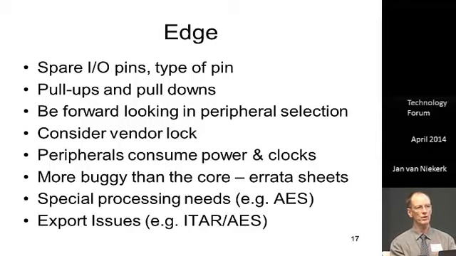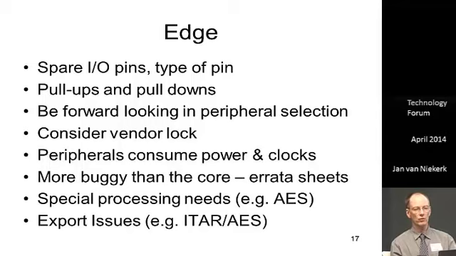Make sure that you have spare pins, because pins don't typically all do the same thing. They have different behaviors. Some of them have pull-ups and pull-downs, and others don't. Some of them have interrupts on them. So you have to carefully go study what you need, and also make sure you have some spare pins.